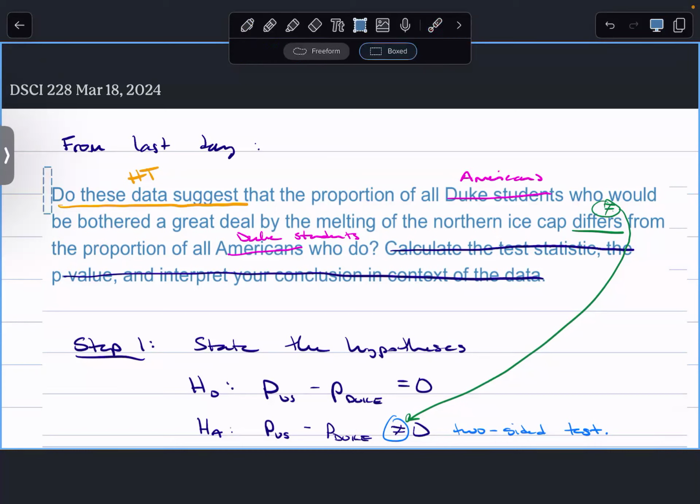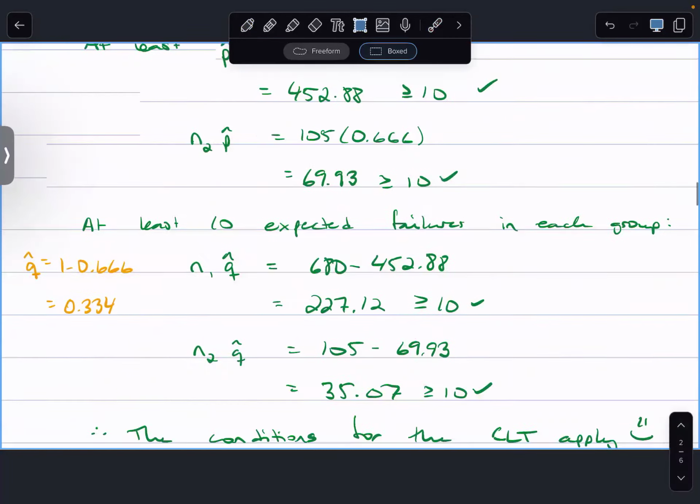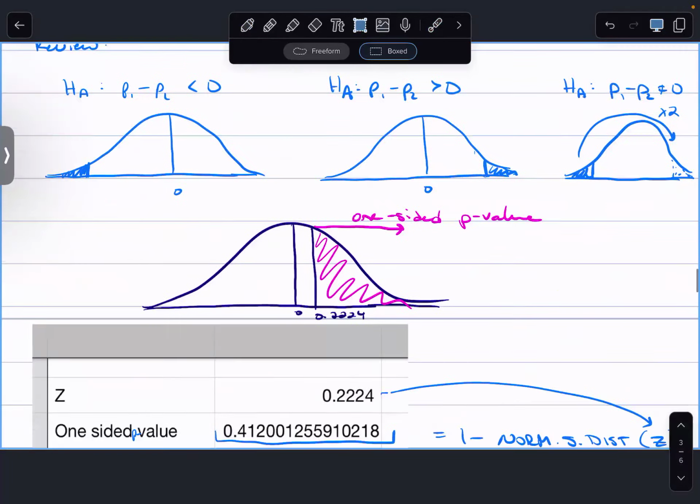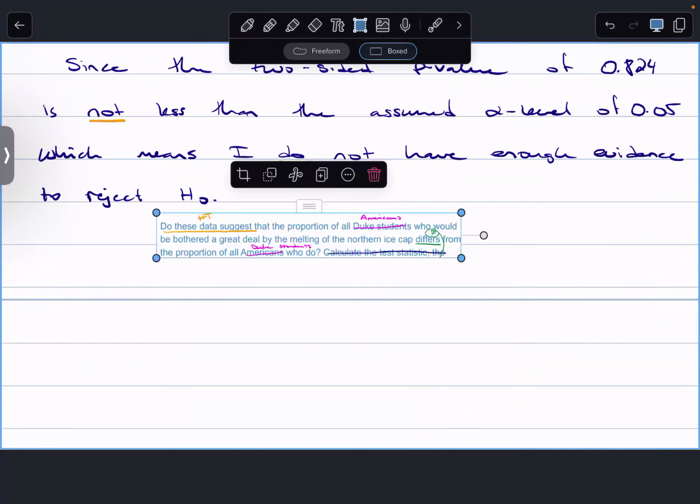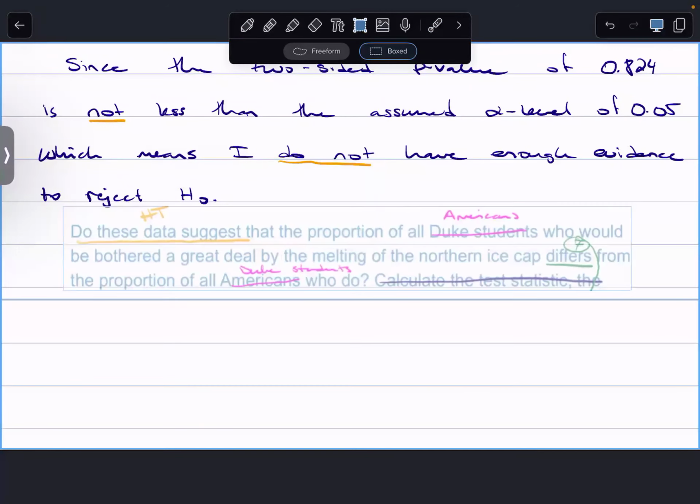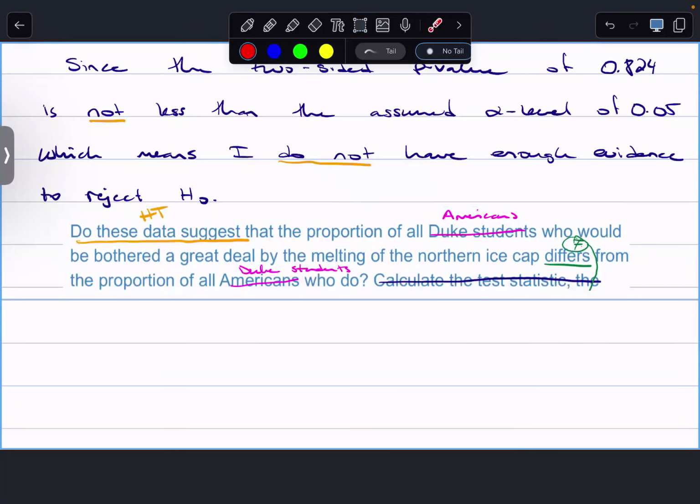Okay, we're just going to snag this, copy, and reword it as an answer. This question reflects the alternative hypothesis, right? If we had these data suggest that the proportion of group 1 differs from group 2, just kind of shorthand, that's the alternative.